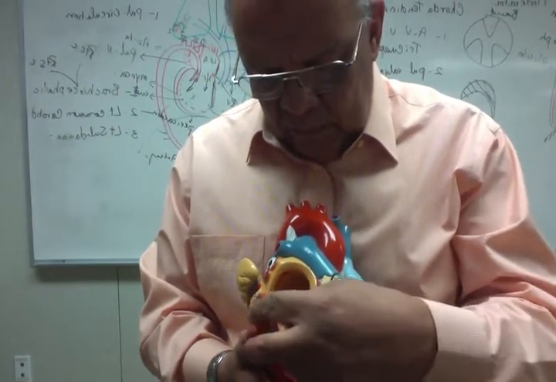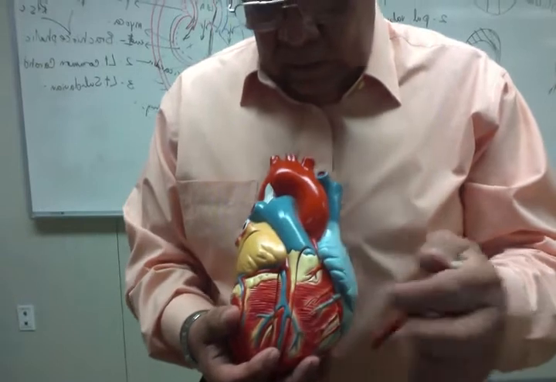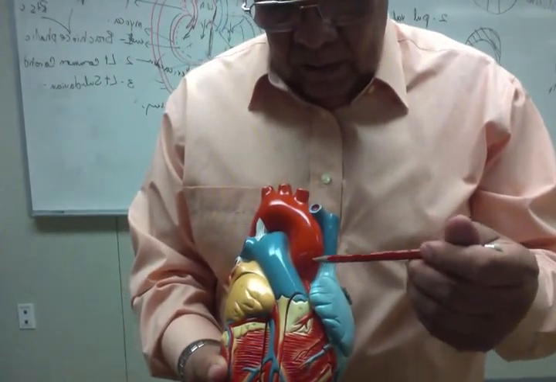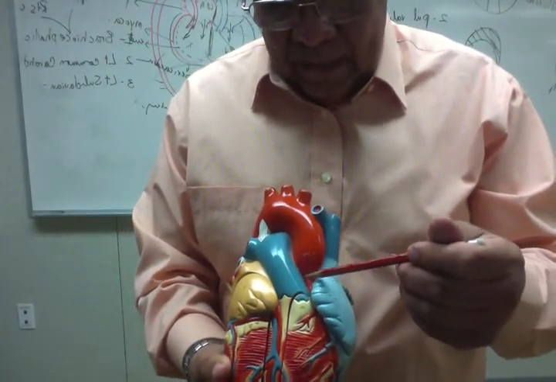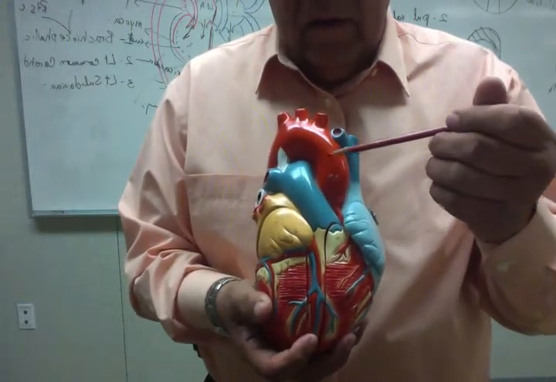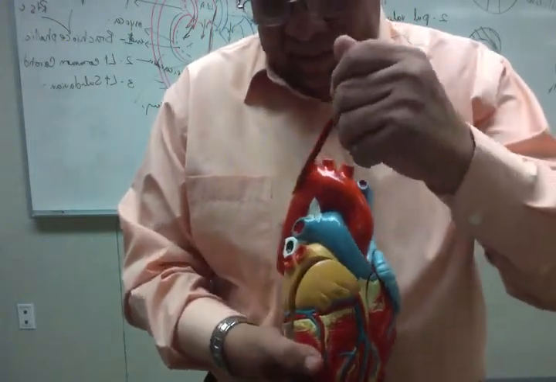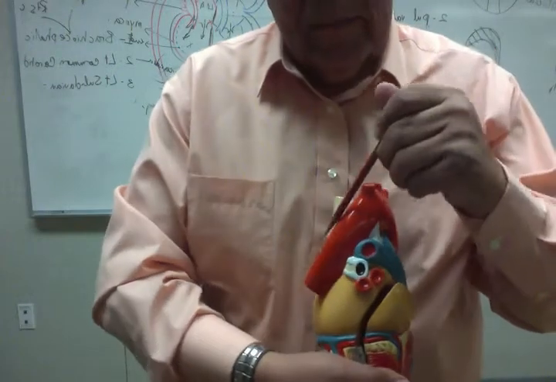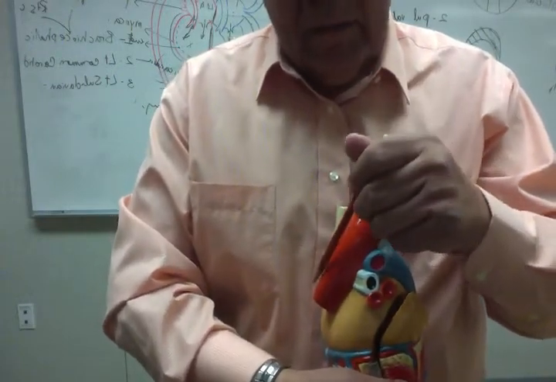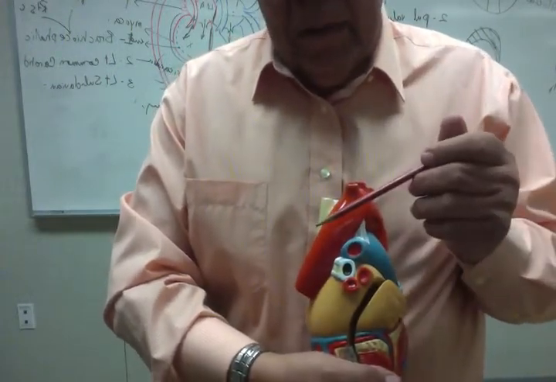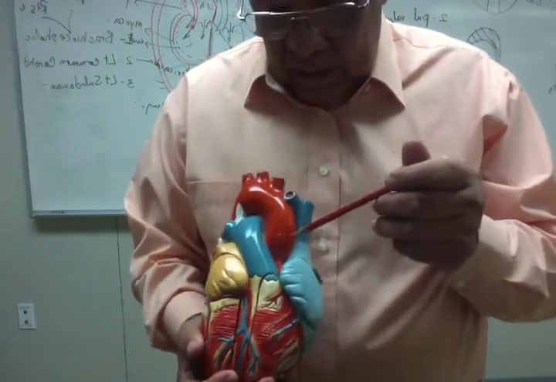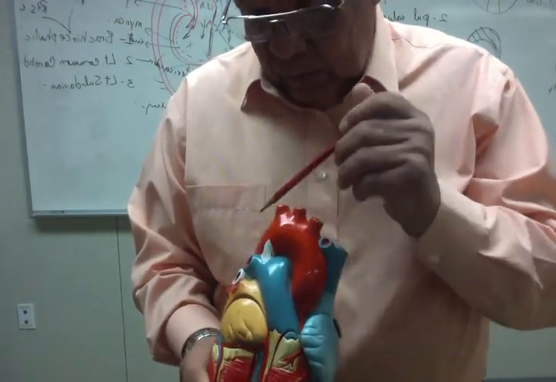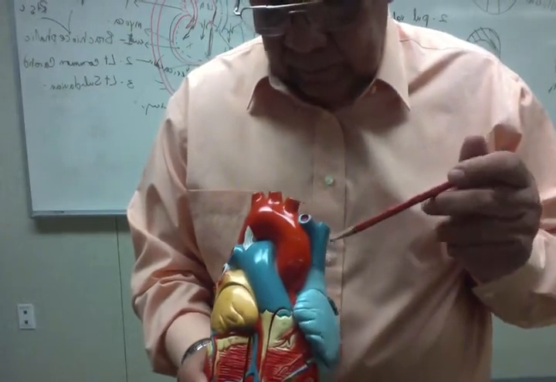Blood, once it's pushed from there, goes through the aorta. The aorta starts with the ascending aorta, the arch of the aorta, and the descending thoracic aorta. It has a part in the abdomen, which we name the abdominal descending aorta. But here is the ascending, the arch of the aorta, and the descending.